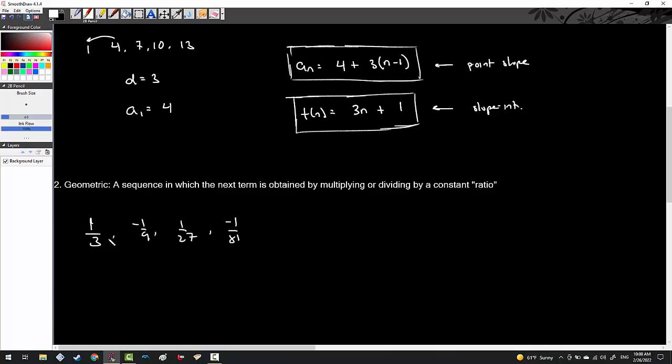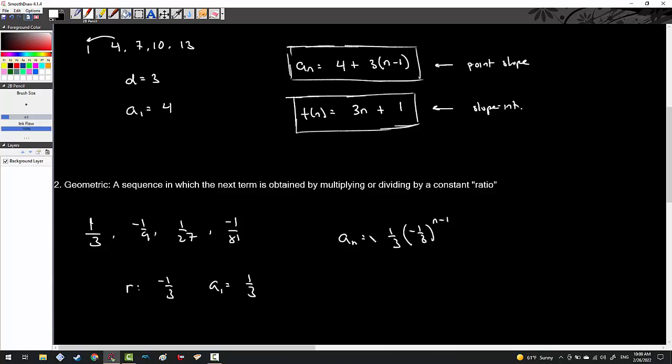These are all separated by commas. The ratio here that's constantly being multiplied each time is going to be -1/3, and my a sub 1 is going to literally be 1/3. So in the geometric formula, we could say that this is going to be 1/3, which is my first term, times -1/3 raised to the n minus 1.